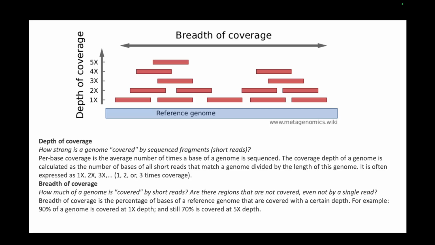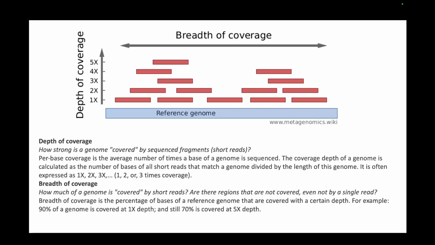Per base coverage is the average number of times a base of a genome is sequenced. The coverage depth of a genome is calculated as the number of bases of all short reads that match a genome divided by the length of the genome. We'll come to this formula in the next slide. It is often expressed as 1x, 2x, or whatever number x. Breadth of coverage is how much of your genome is covered by those reads.